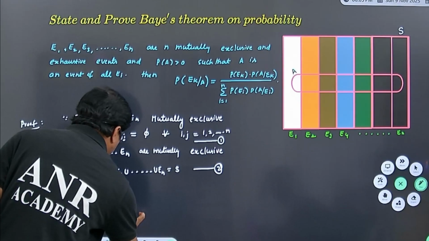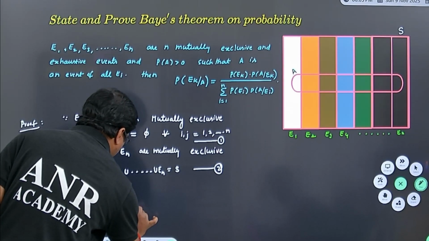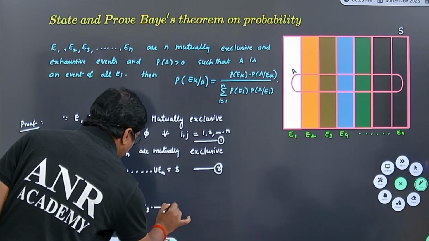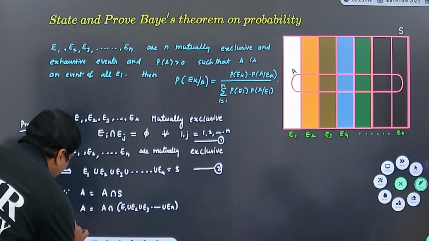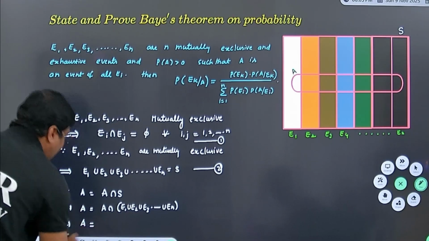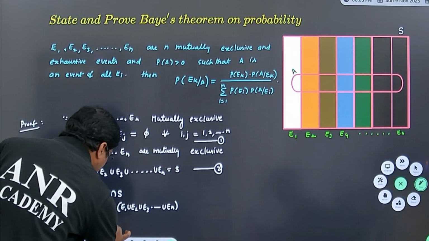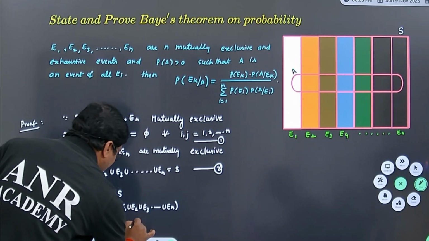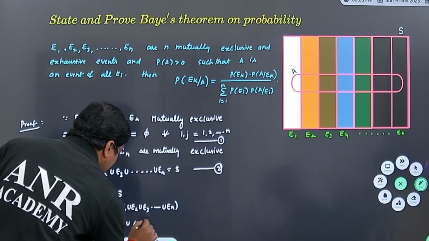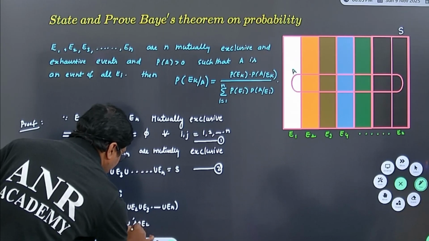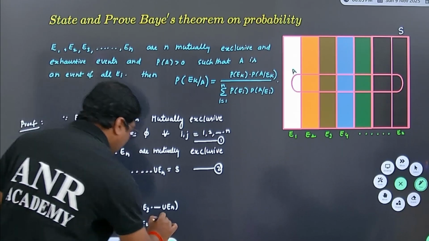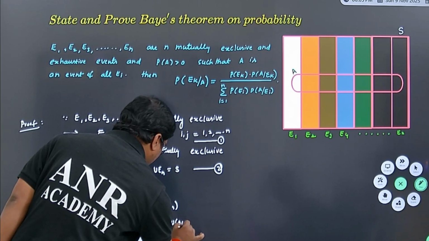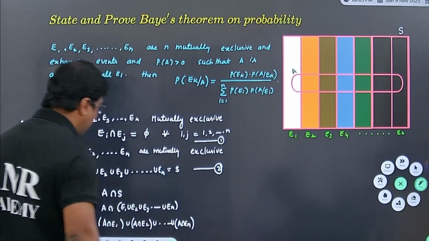From 2 I can write E1 union E2 union E3 and so on union En. In the next step I can write A as A intersection E1 union A intersection E2 union and so on union A intersection En.